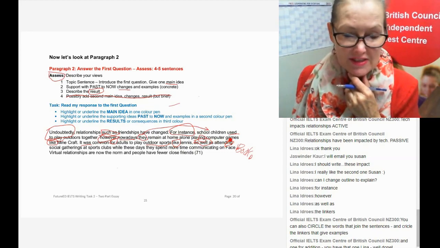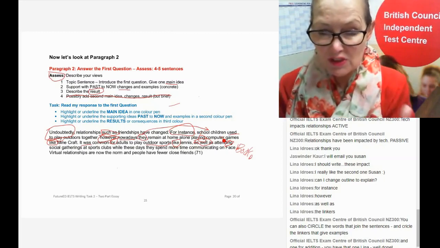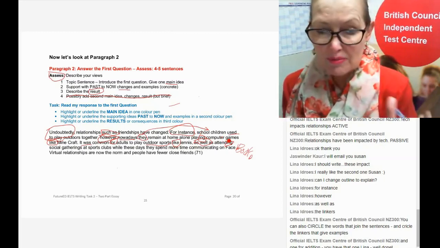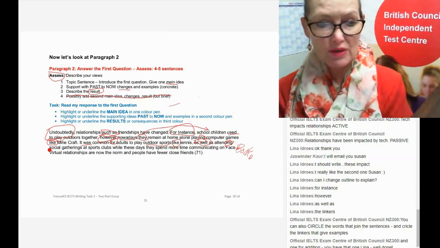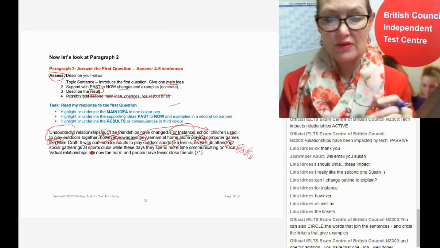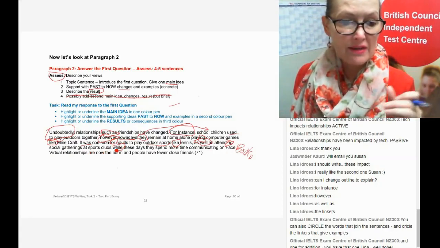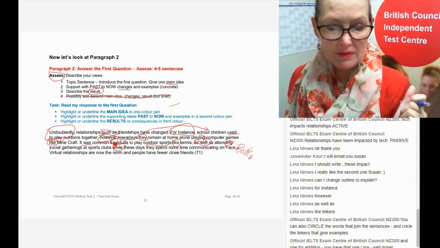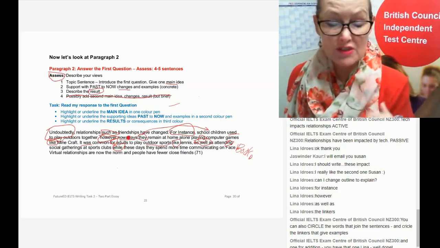Now I move into my second sentence, and I'm talking about friends, but I'm giving two different examples of friends. I'm talking about friends as children, and then I'm talking about adult friends. Okay, it was common. There's my past simple. It was common. It's a very useful expression. It was common, or it is common.